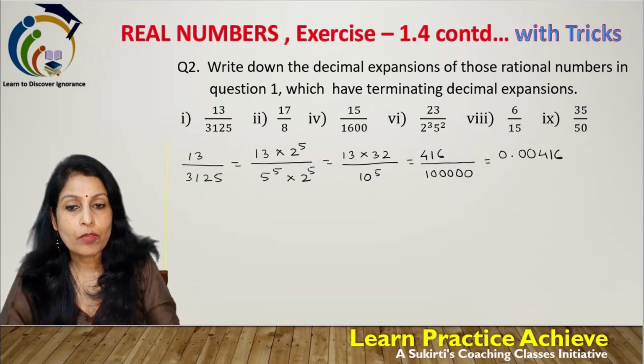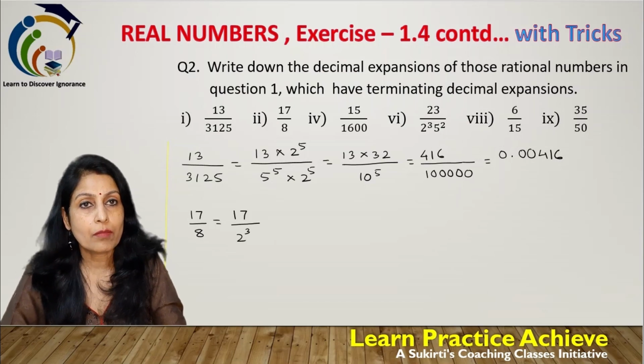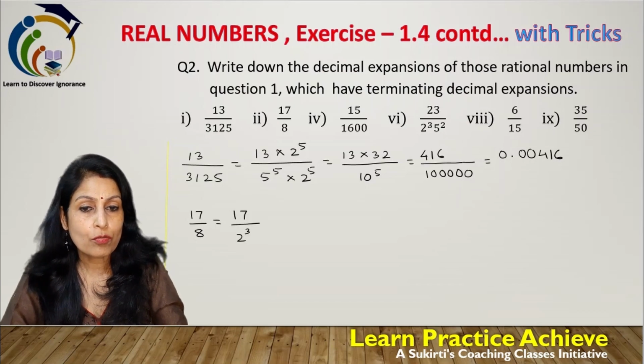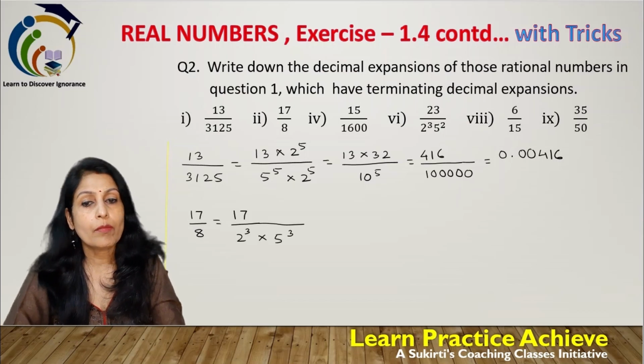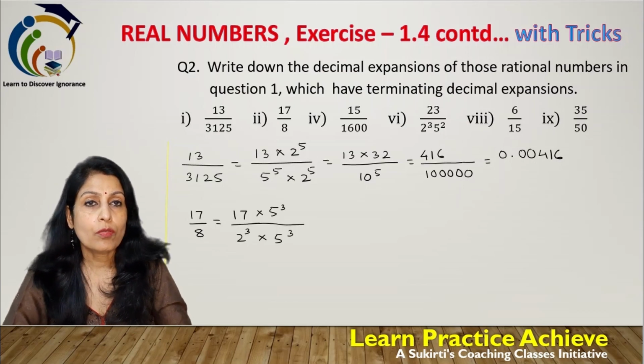Okay. In the same way, when we solve the second part, 17 upon 8. So 17 upon 8 can be written with 2 to the power 3 in the denominator. Again, we have to change this number to a denominator with zeros. So this can be multiplied with 5 to the power 3. If we multiply the denominator with 5 to the power 3, then multiply the numerator also by 5 to the power 3.